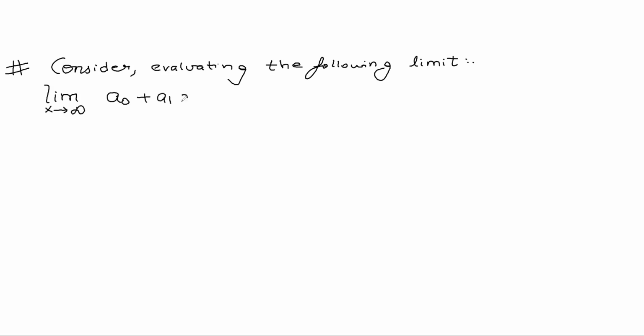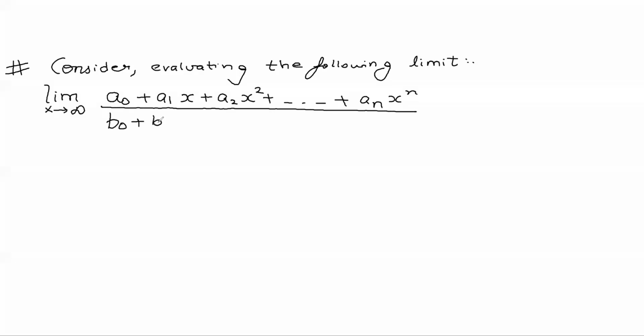You can see the limit I am writing on the screen: a0 plus a1x plus a2x square up to an xn. It is a polynomial of degree n, because the highest degree is n, upon b0 plus b1x plus b2x square plus up to bm xm.